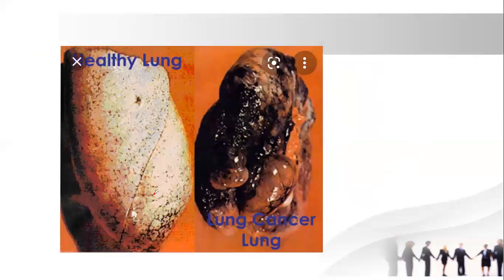This is the healthy lung, and this is the cancerous lung, and there are a lot of changes, distant metastasis and effusions. This is necrosis that happens in the lung parenchyma, and if the cancer is in the third or fourth stage, it can spread even to other areas of the body and cause a lot of trouble to the patients.